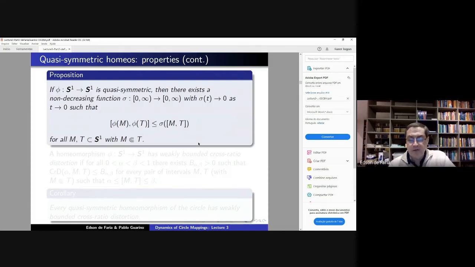This is for all pairs of intervals m and t, where m is compactly contained in t. I spoke about cross ratios in the first part of the lecture, so I hope you will remember what I said about cross ratios.